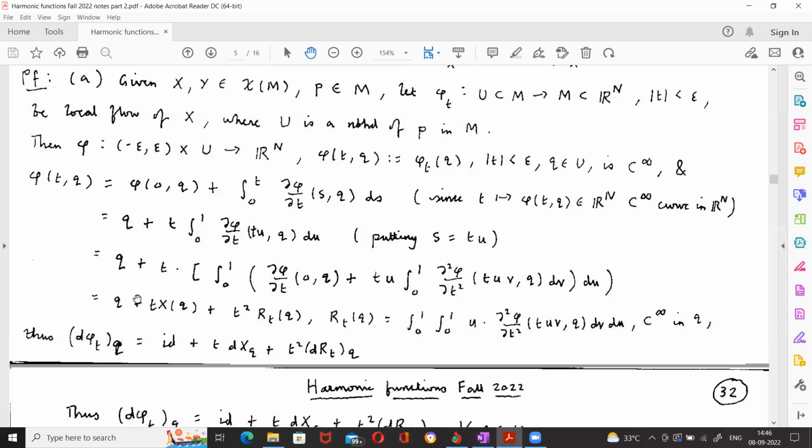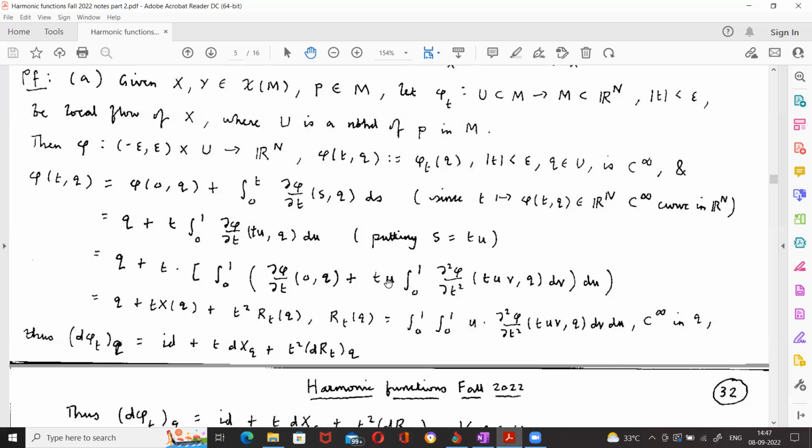So I get q plus t times x of q, plus now I have this t times a t inside here, so I'll get a t squared, and then what remains is some function of q and t. I'm calling that r sub t of q, where r sub t of q is the function of q for a fixed t.